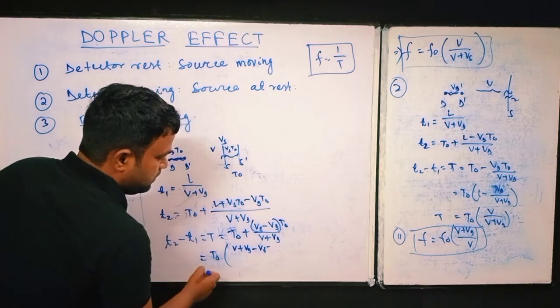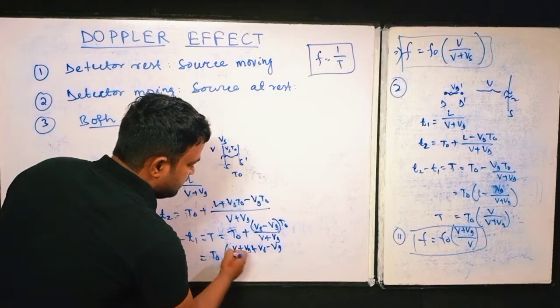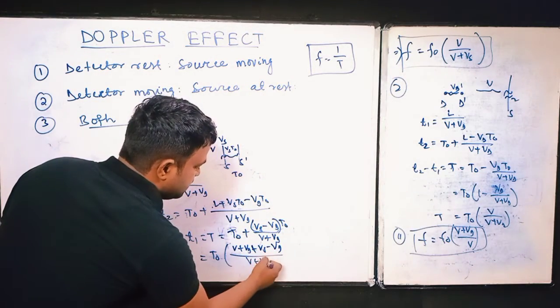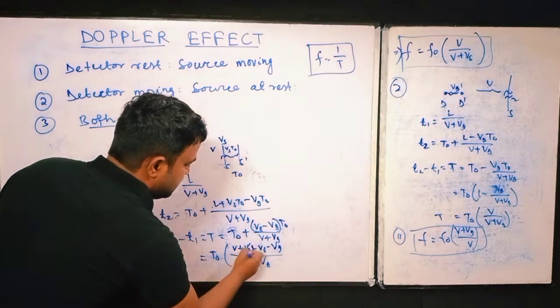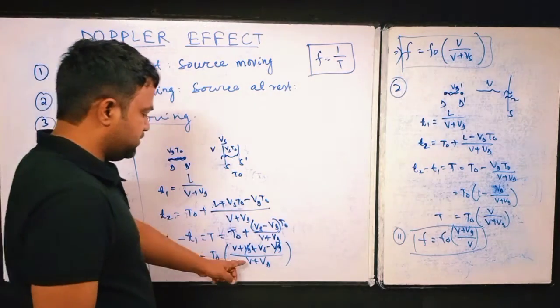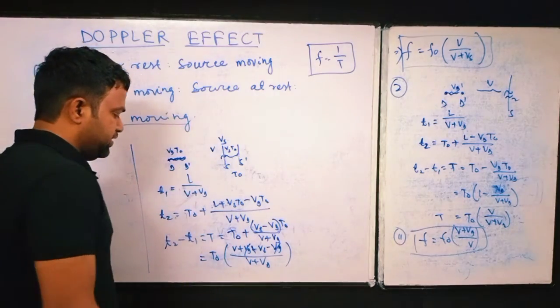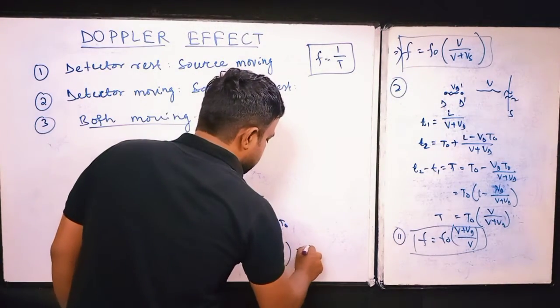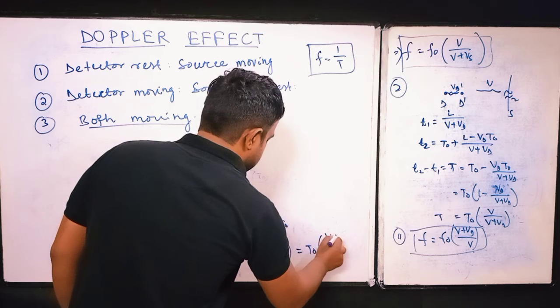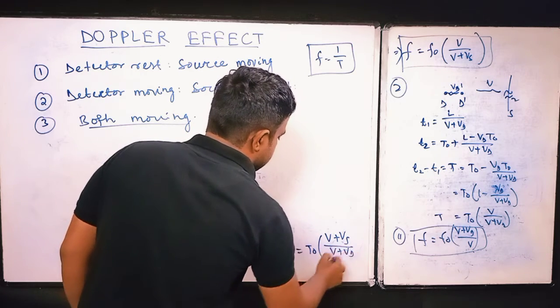Divided by V plus Vd. So Vd cancelled out, right? So you are getting V plus Vs by V plus Vd. So what you are getting is T0 times V plus Vs by V plus Vd.